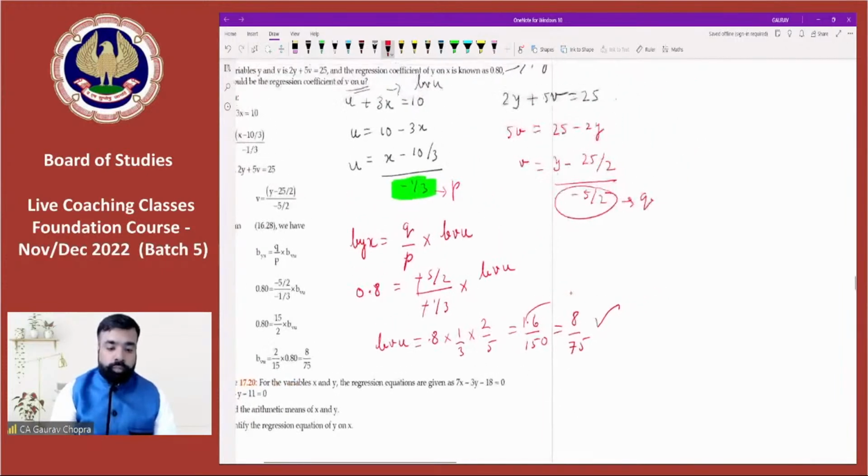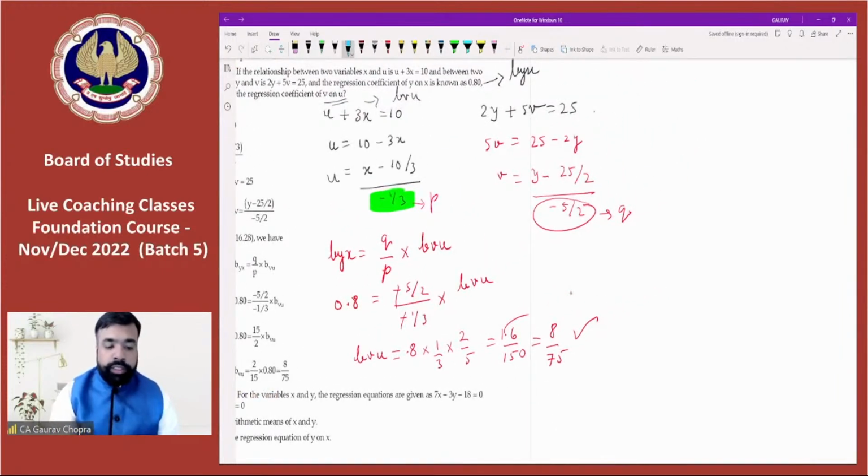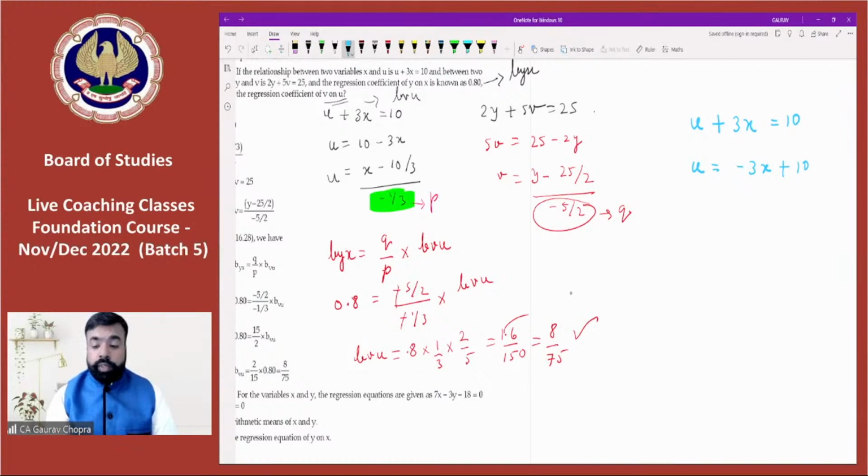So let me explain once again this conversion step. u plus 3x is equal to 10. So we require the coefficient of x as 1 only. So this is minus 3x plus 10. Now, in order to remove this, what we have to do is divide both sides by minus 3. Okay, so after dividing, what will happen?